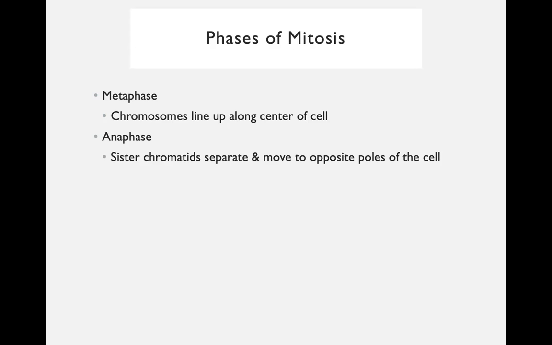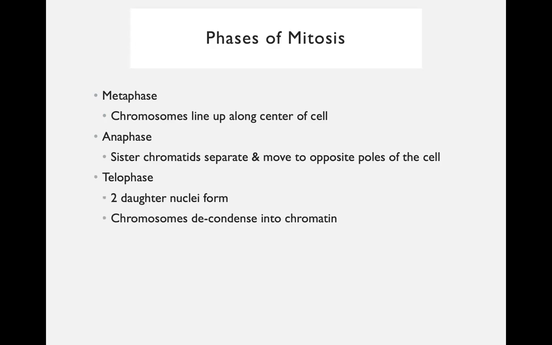And then telophase, which is the last one. So now you can imagine, and I'll show you an image, you have a copy of DNA on one end of the cell, a copy of DNA on the other end of the cell. Now there's going to be 2 nuclei forming around each of those sets of DNA.